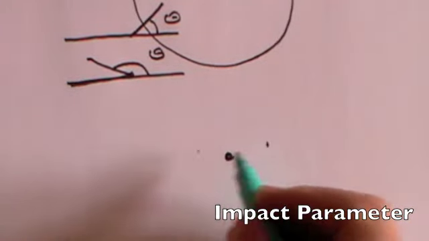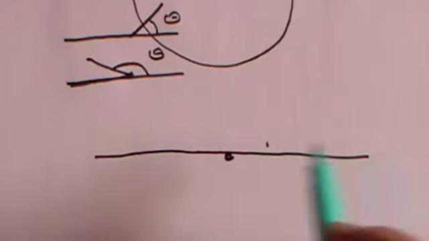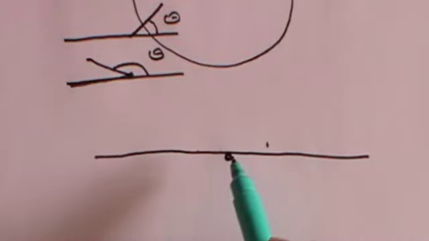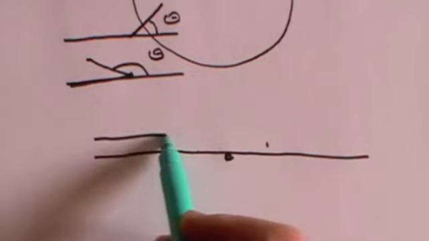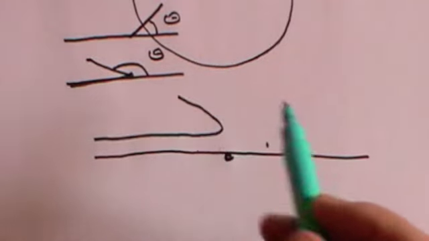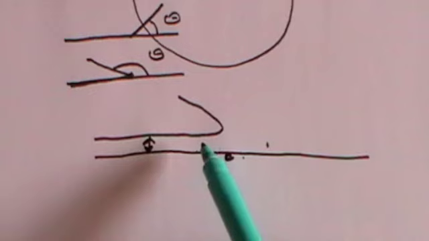And the way we define that is, if that's the nucleus and that's the line of, as it were, closest approach, that's the alpha particle that would hit the nucleus, were it not for the fact that it gets stopped and repelled. Then if you've got an alpha particle that's coming in here and being diverted through some angle, the impact parameter is the perpendicular distance between the line of closest approach and the line which the alpha particle is actually taking.